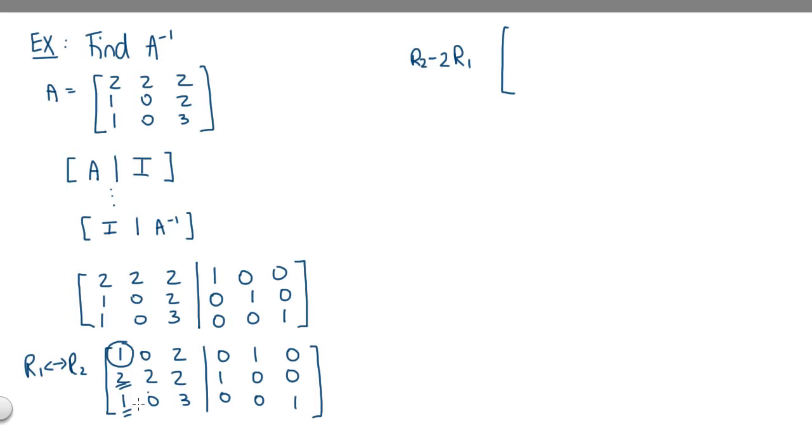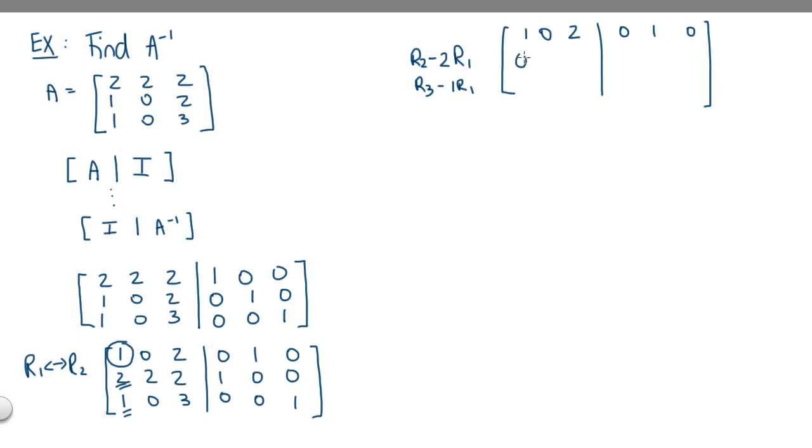And to get rid of this 1, well, it's in row 3, and because it's a 1, we're going to go row 3 minus 1 times our pivot row. So just row 3 minus row 1. And let's do those two operations simultaneously. So we'll just copy out our top row here, and then we're going to do row 2 minus 2 times row 1.